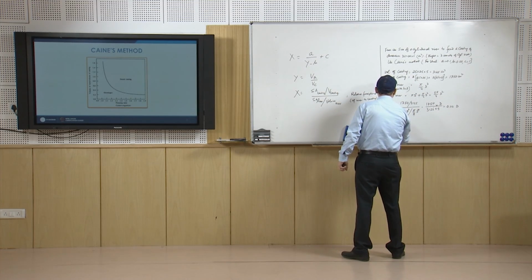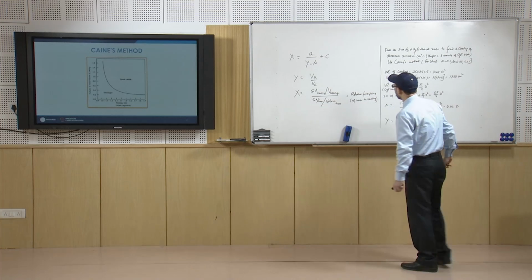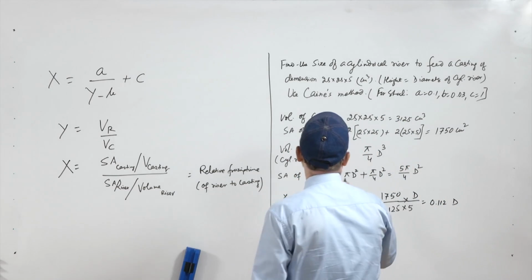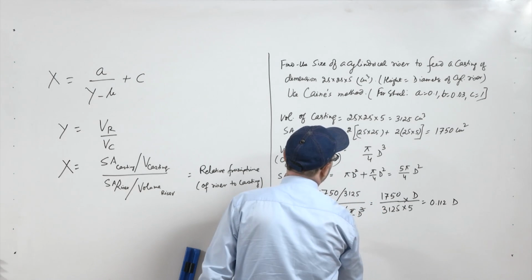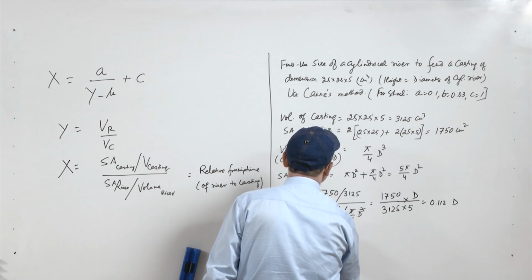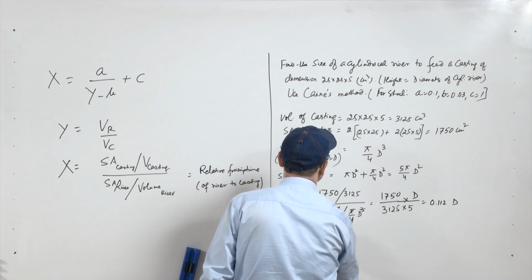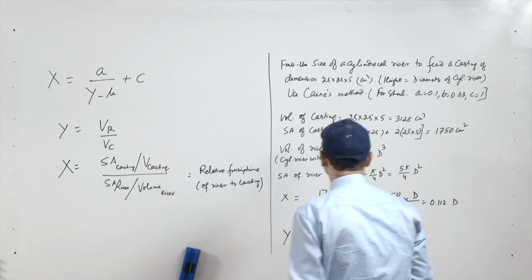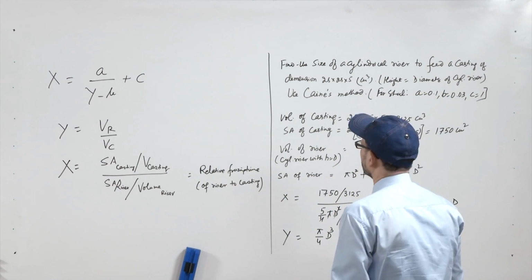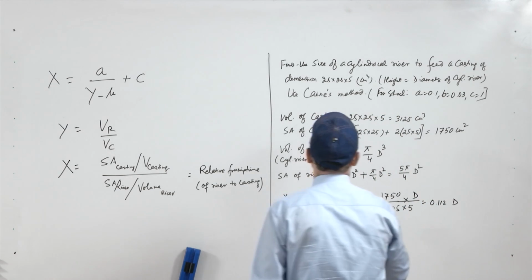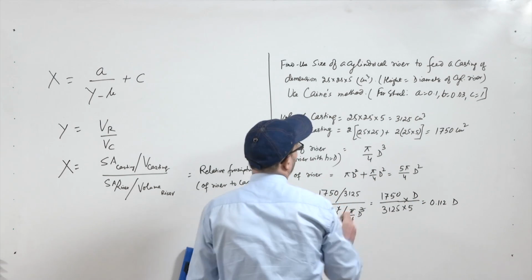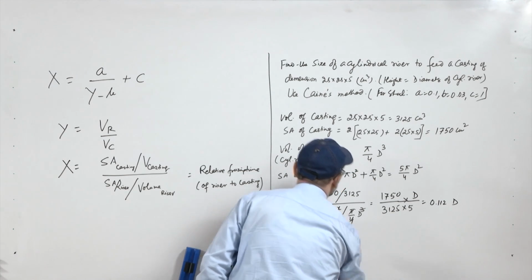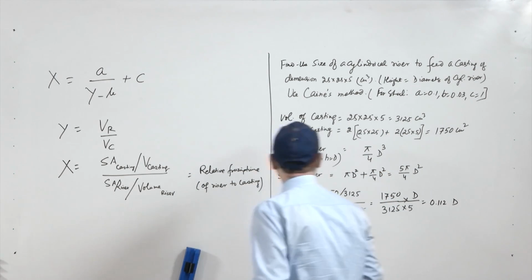Then the y will be V r upon V c. So, volume of riser, that is pi by 4 d cube, divided by the volume of casting. So, volume of casting is 3125. So, we have to calculate it.